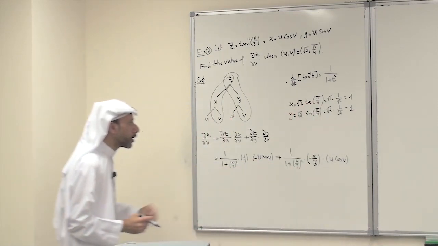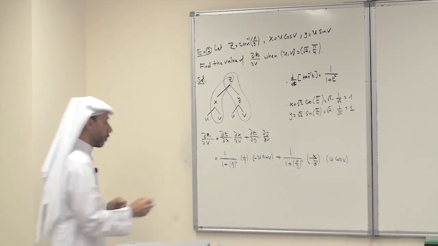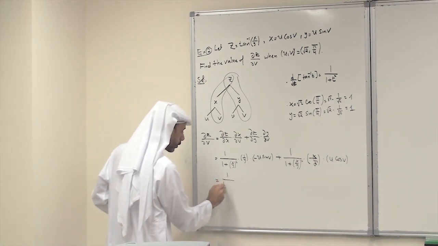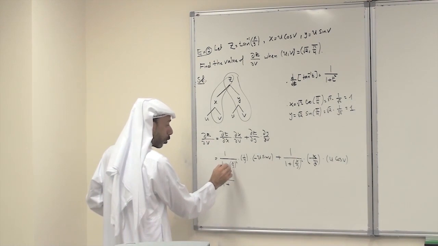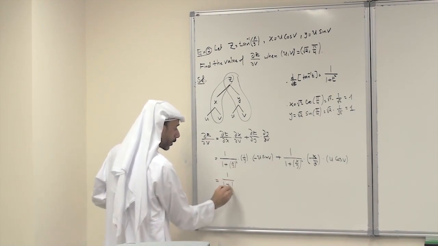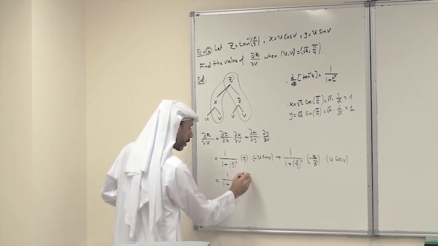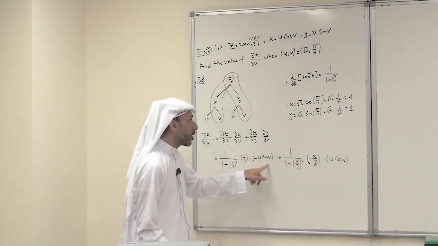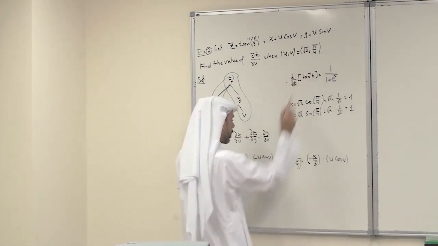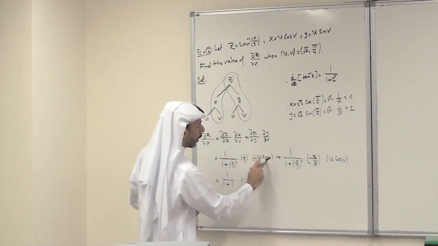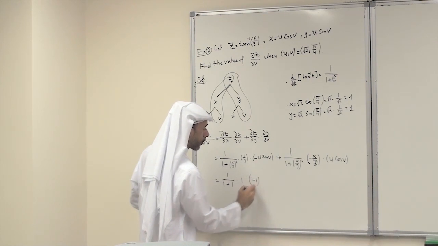So I substitute here for X, Y, U and V. This becomes 1 over 1 plus 1 over 1 squared, and 1 over Y is 1, so this is 1, times minus U sine V, which is minus Y, so this is just minus 1.